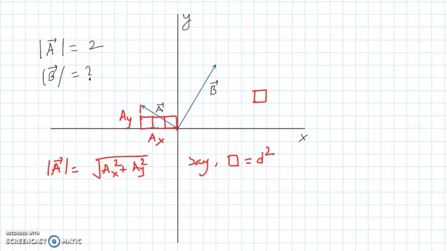That means the side of each square is d.